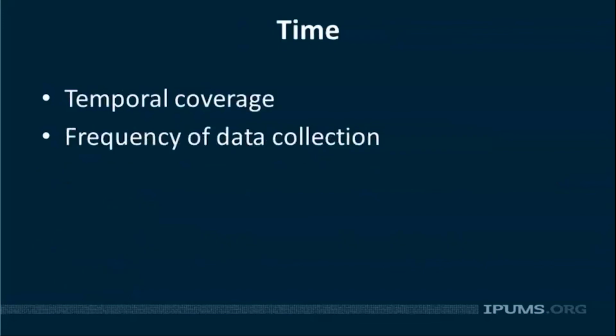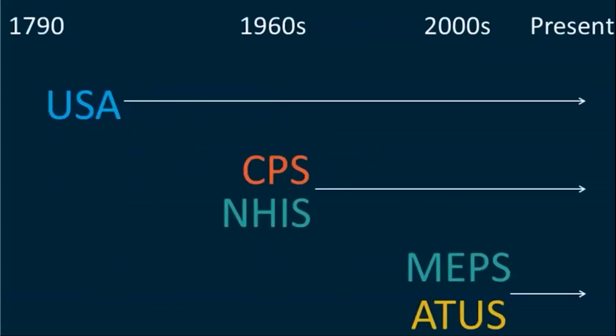Last, it is important to consider two aspects of time when selecting the appropriate IPUMS data for your study. One, the years for which the data are available, or temporal coverage, and two, how often the data are collected. Here we provide a visualization of the periods of time for which each IPUMS data product is available.